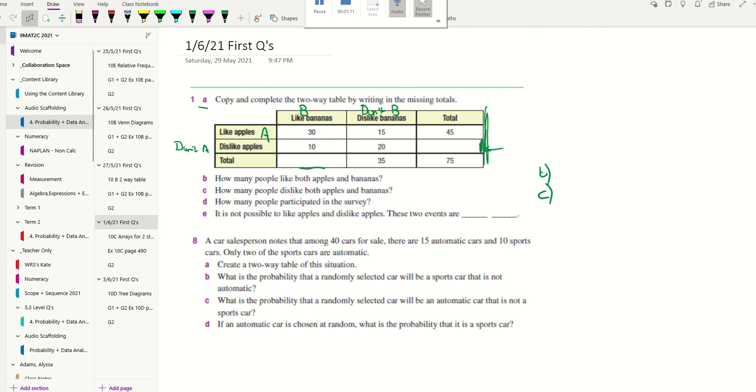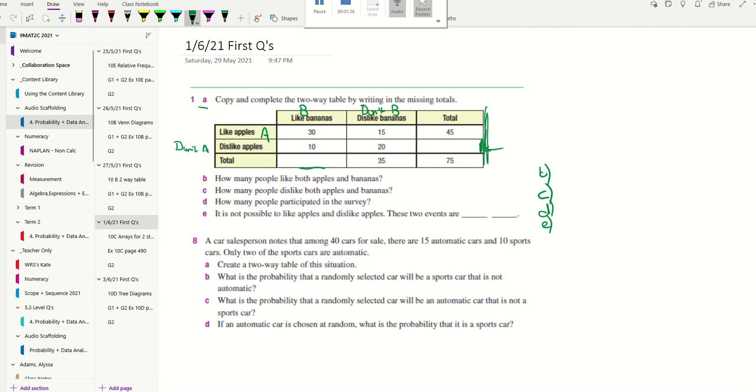For C, it's asking you how many people dislike both apples and bananas. Again, you're looking for which box has got those that dislike both, don't like bananas, don't like apples. D is how many people participated in the survey. So you need to find the grand total, where that's located in that table, and write it down.